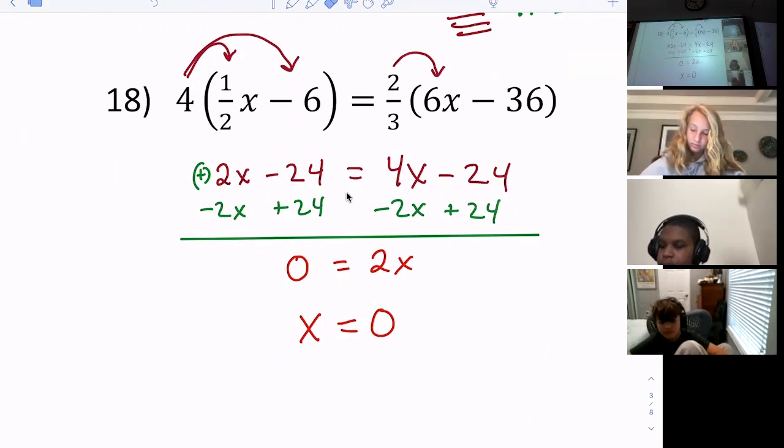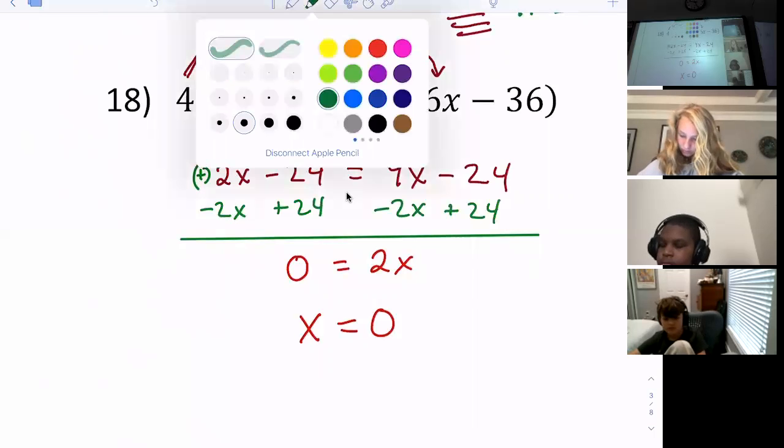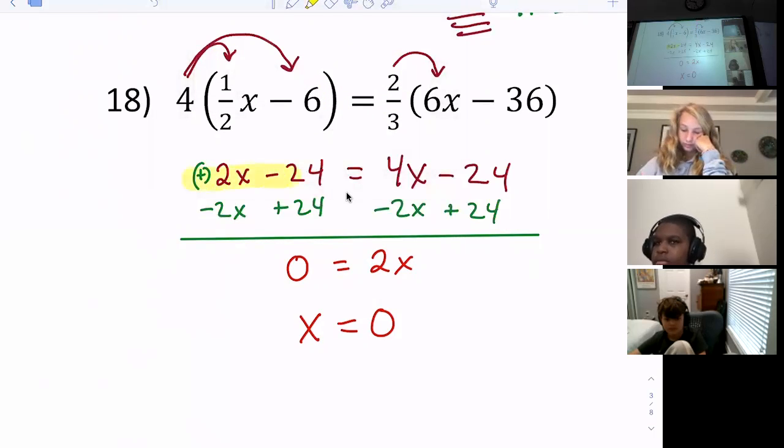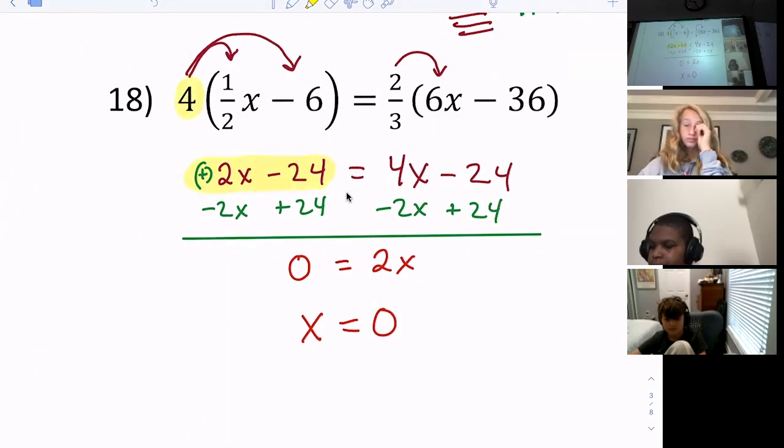When I distribute the 4 and I distribute the 2/3, you should be able to see that distribution. That right there, 2x minus 24 is a result of distributing the 4, and the 4x minus 24 is a result of distributing the 2/3.